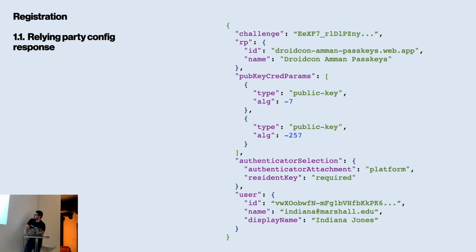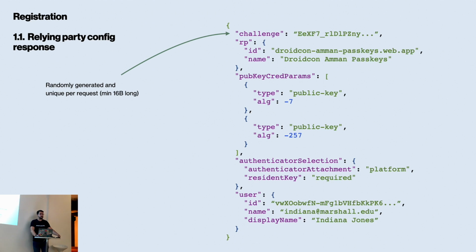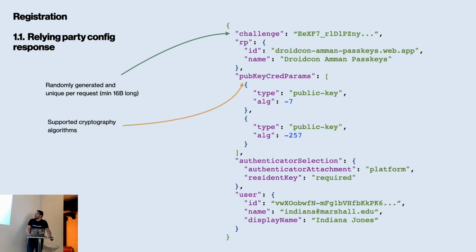It looks like this. It has a couple of key points to it. The first one is something called the challenge. It's randomly generated, and it's basically an ID of your registration request. Secondly, you have the pubKeyCredParams, which are the supported cryptography algorithms, where -7 and -257 are very generic and common.